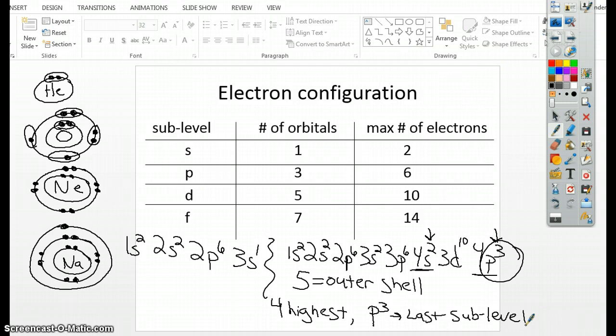So on your periodic table, you're going to go to period 4 because that was the highest energy level that you wrote down. And you're going to go to the P part of the periodic table. I'm just going to tell you right now, families 1A and 2A represent S1, S2. Family 3A is P1, 4A is P2, 5A is P3, 6A is P4, 7A is P5, 8A is P6.